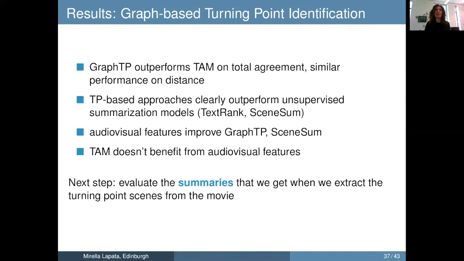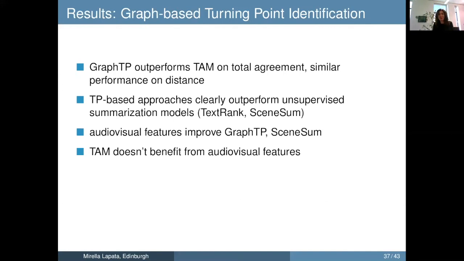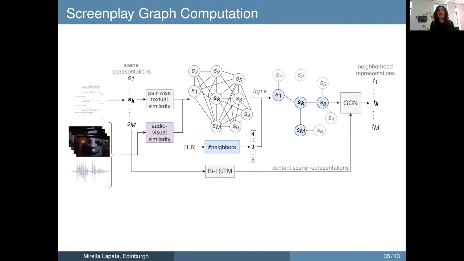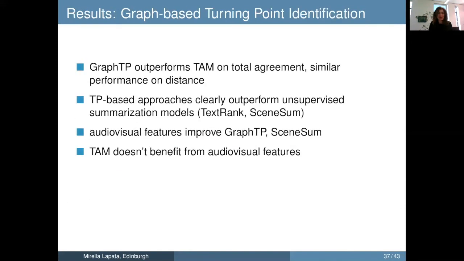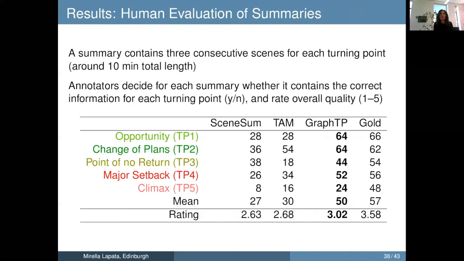So how do we evaluate these summaries? The output of the model that I showed you here is just turning points, scenes that the model thinks are turning points, and I can paste them together and then show them to people. So what did we do?